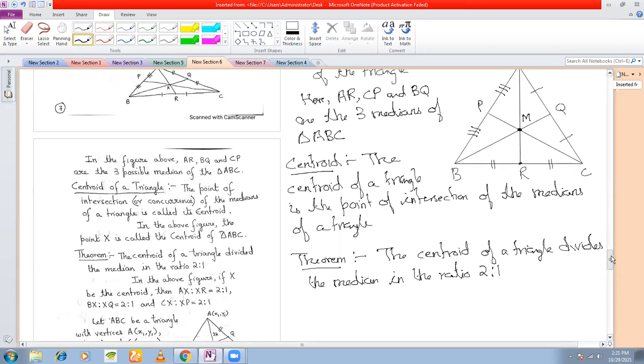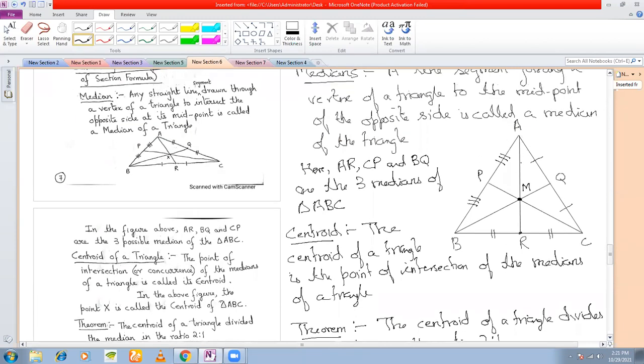Look at this figure here. AR is the median of a triangle. This point M will divide AR in the ratio 2:1, such that two parts will lie here and one part will lie here. Similarly, CP is a median, so two parts will lie here and one part will lie here. Similarly, BQ is a median, so two parts will lie here and only one part will lie here. This is what the theorem states. Any question you have based on this?